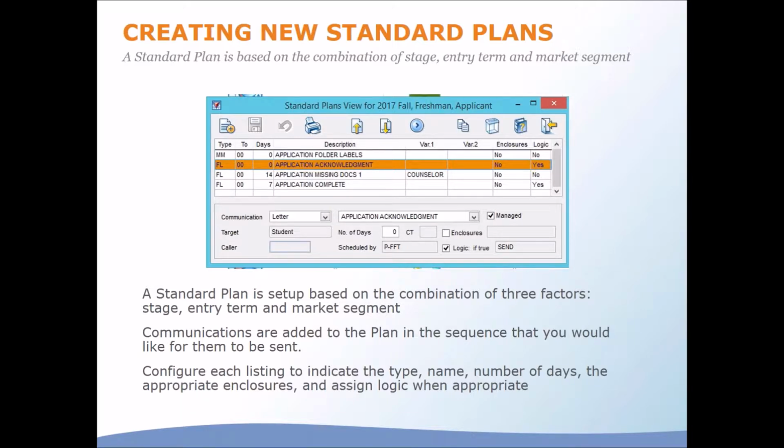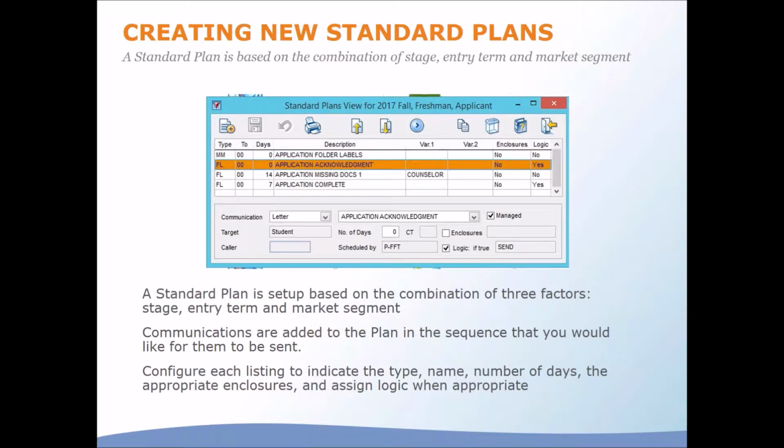It might be first-time freshmen, or you might have young adult. That would be a typical market segment, or you might have transfer or international. So market segments are going to vary for every client.